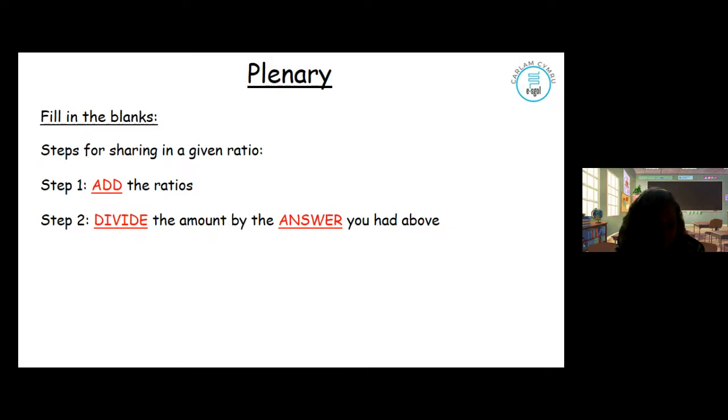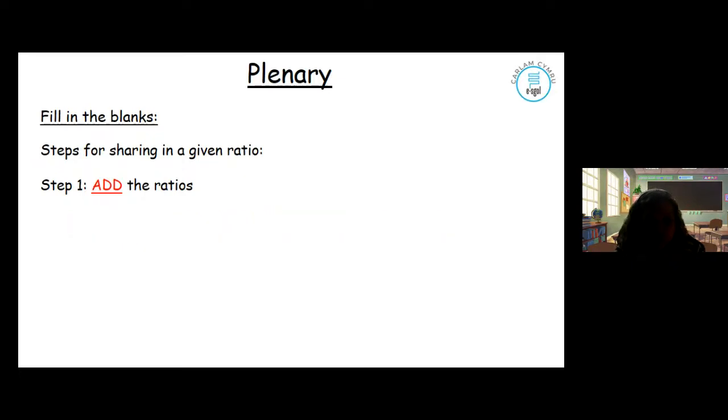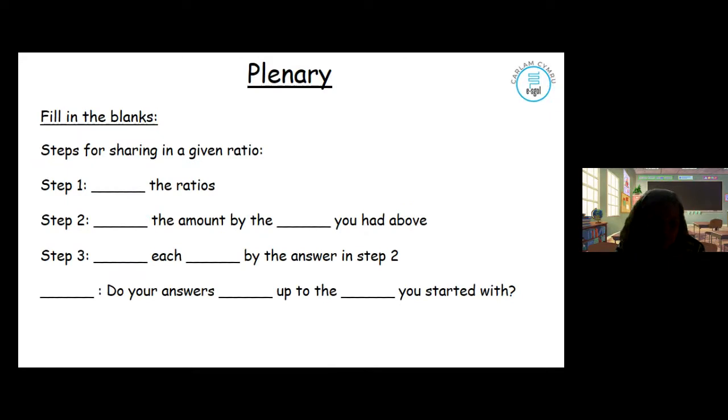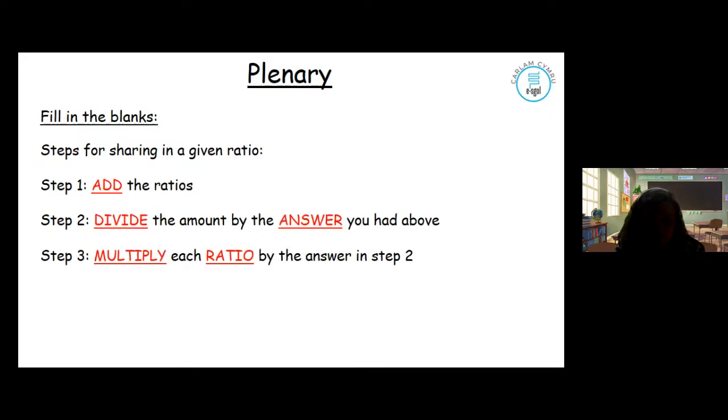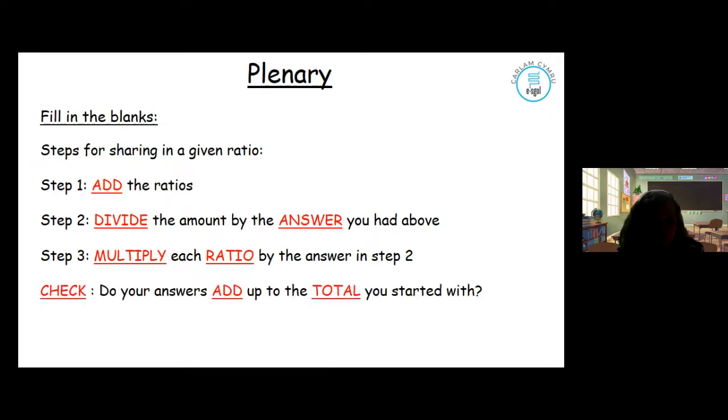Step 3, something each something by the answer in step 2. So that is, oh, I'm going backwards, sorry. That is multiply each ratio by the answer in step 2. And then the final bit: do your answers blank up to the blank you started with. So this one was a check: do your answers add up to the total you started with.